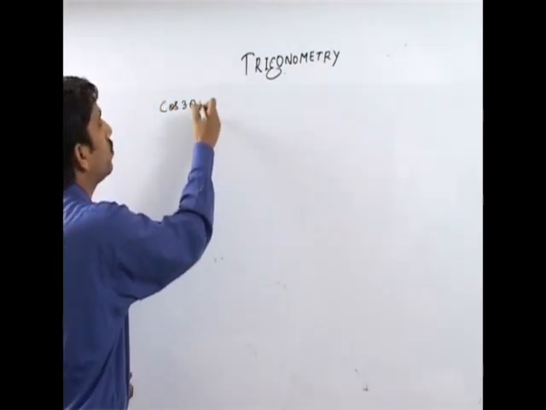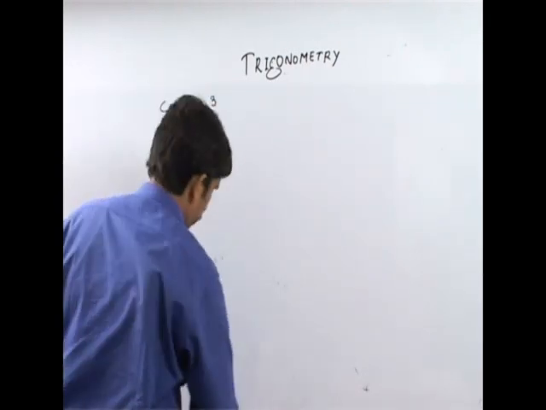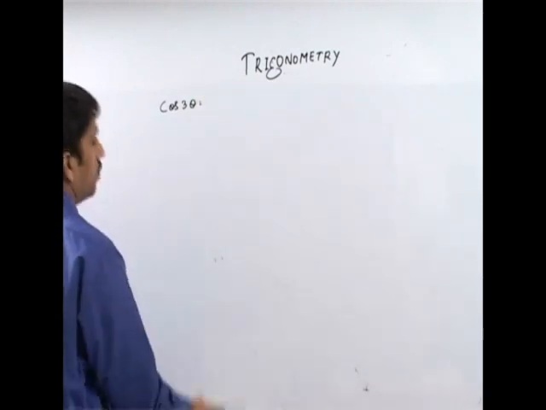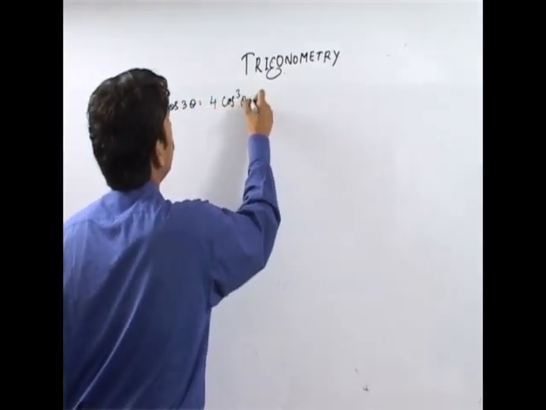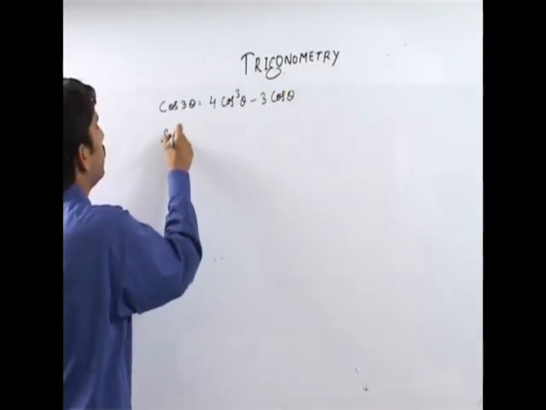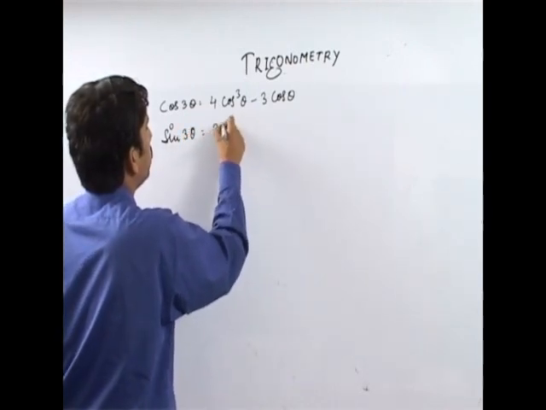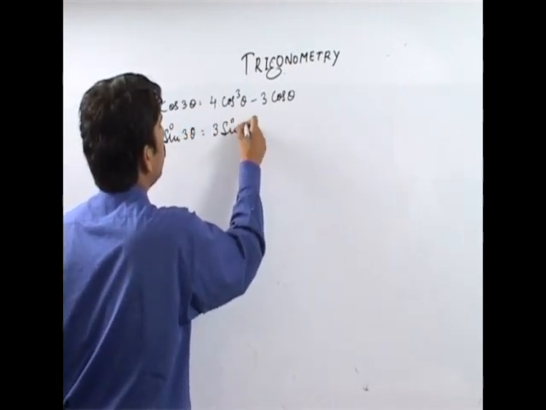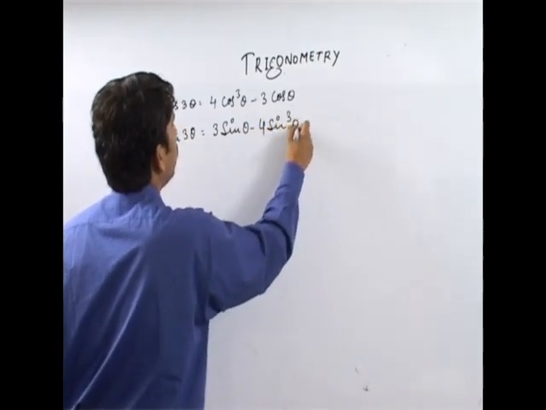Cos 3 theta is equal to 4 cos cube theta minus 3 cos theta. Sin 3 theta is equal to 3 sin theta minus 4 sin cube theta.